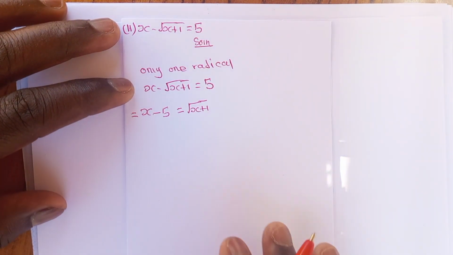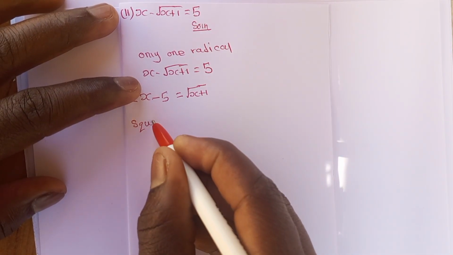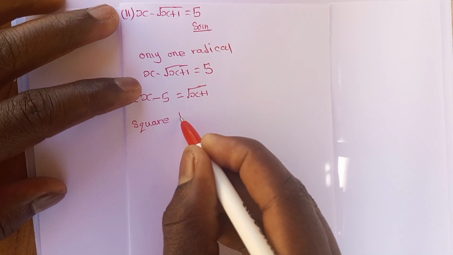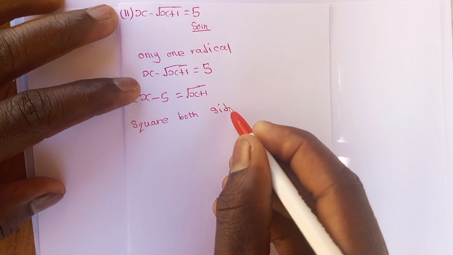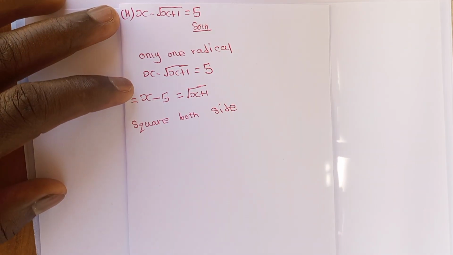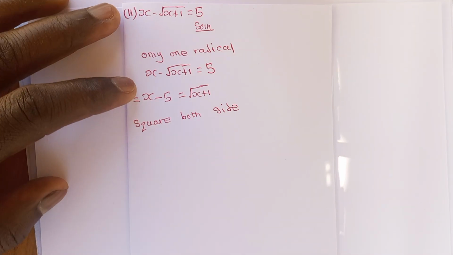Now, the next step, what we are going to do, we square both sides. Now let us square both sides of the equation.